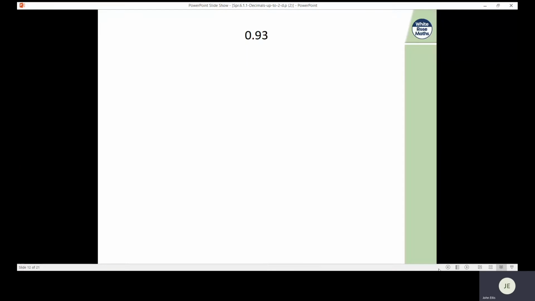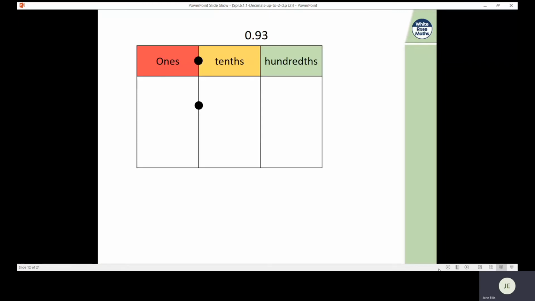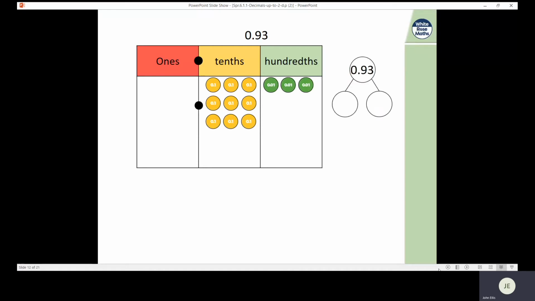So I've got a number on the board. Say it out loud or in your head, sorry. So that's 0.93. So if I was going to partition this into the boxes, I'm going to put 0 ones, I'm going to put 9 tenths, and I'm going to put 3 hundredths. And hopefully you'll be able to see 9 tenths, 3 hundredths. Okay.